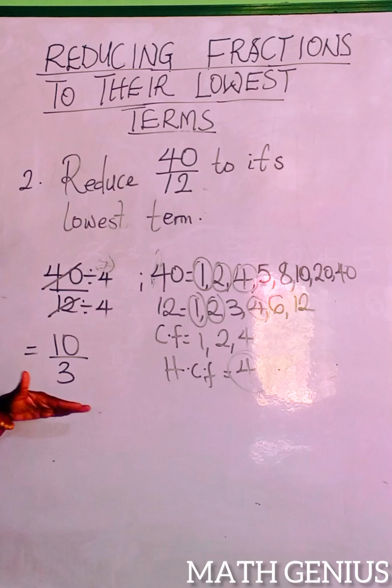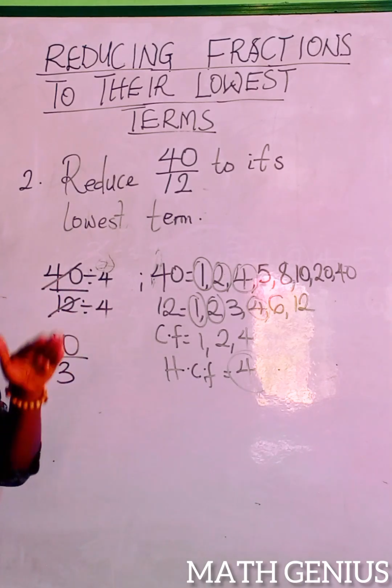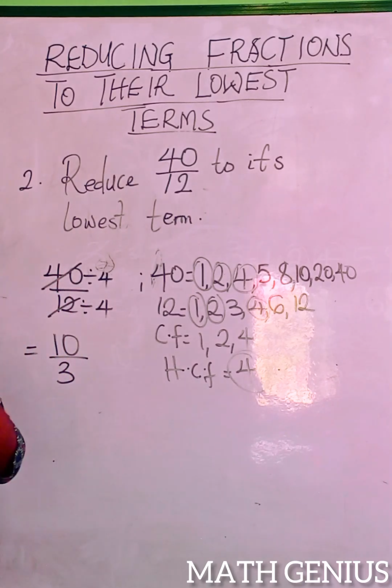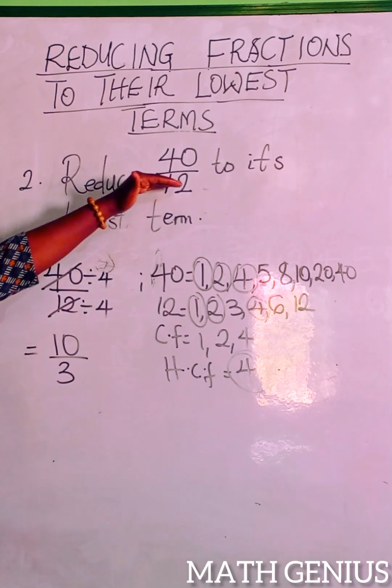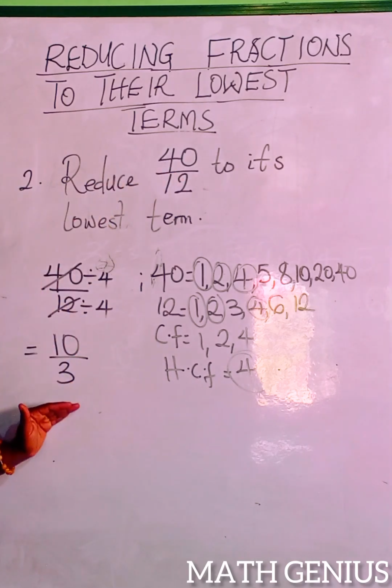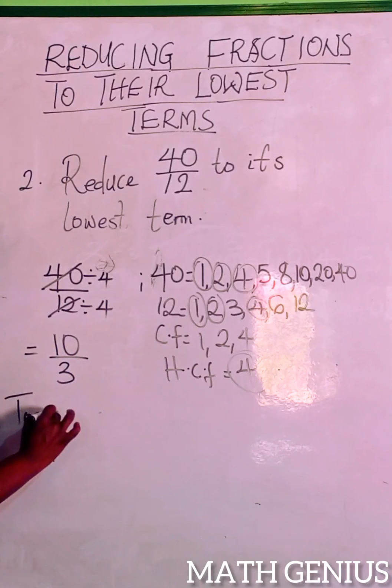Anytime you see an improper fraction, you must turn it to a mixed fraction. But before you turn it to a mixed fraction, you can also check if that fraction is reducible. Now it was reducible to us, that is why we reduced to this level. Right now it is not reducible, so we have to turn to what? Mixed fraction.